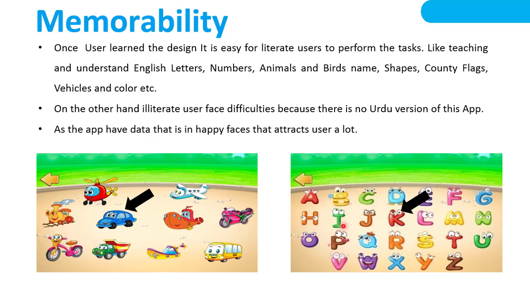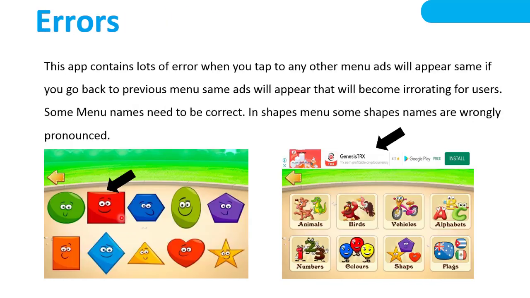There are some faces, some eyes, so that attracts the user. Like see this shape, M shape, L shape, K shape, J shape, and the same with the vehicles, they have included the eyes as well as the happy face.